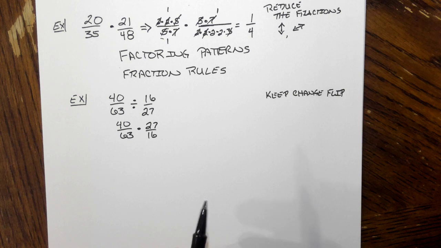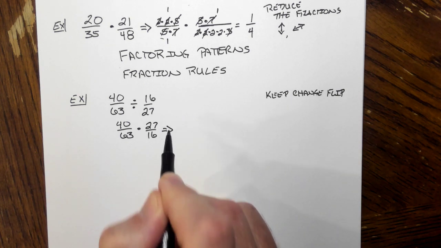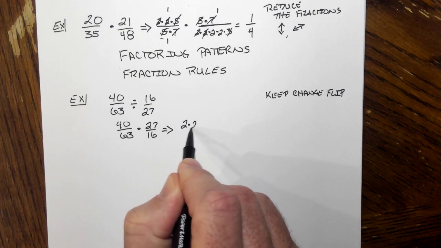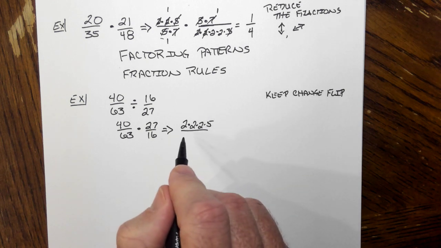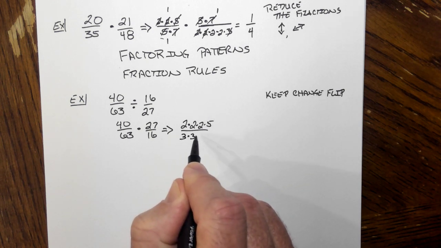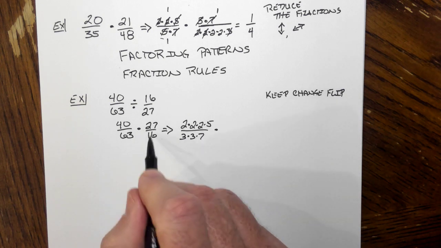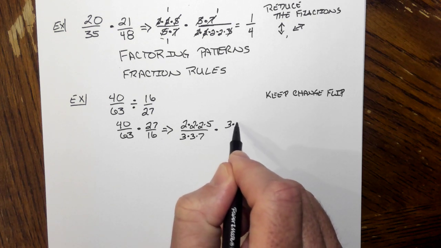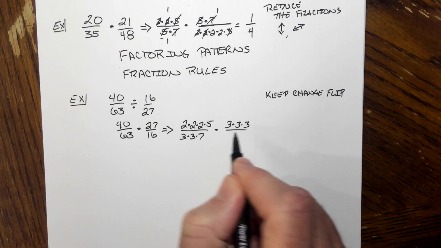27 over 16. And again, I'm going to break it down completely to give you the idea of what needs to be done. 2 times 2 times 2 times 5. 3 times 3 times 7, prime factorization of both those numbers. It's now become a multiplication problem because we keep, change, flip. 3 times 3 times 3, and again 4 to the 4th power.